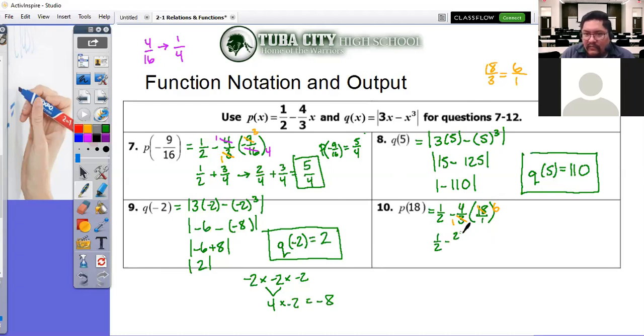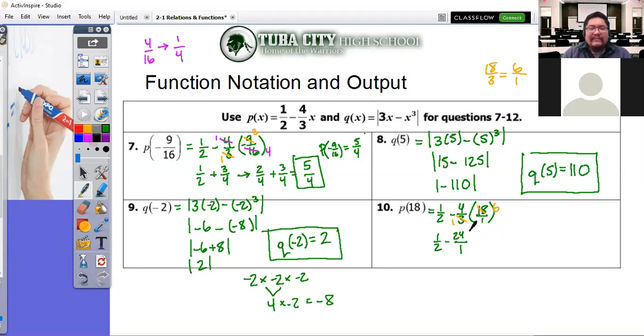I'm pretty sure it's 24. Now my bottom number, 1 times 1, is going to be 1. So it would be 1/2 minus 24. And if you ask me that question, I would say that it's -23.5.